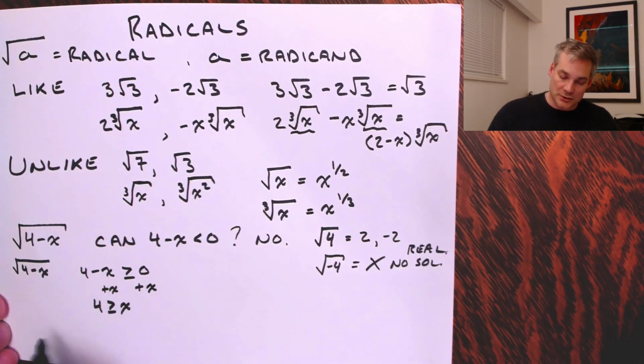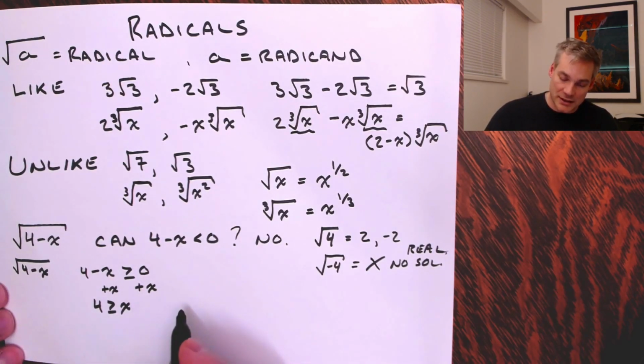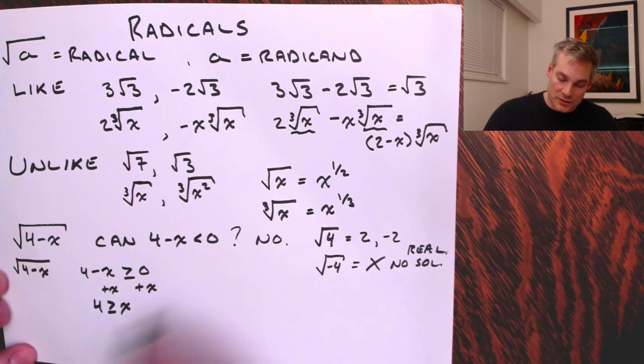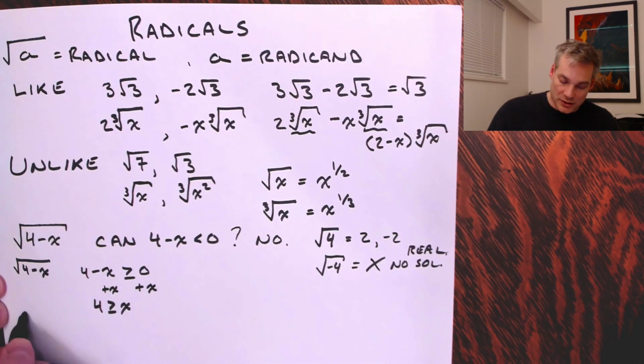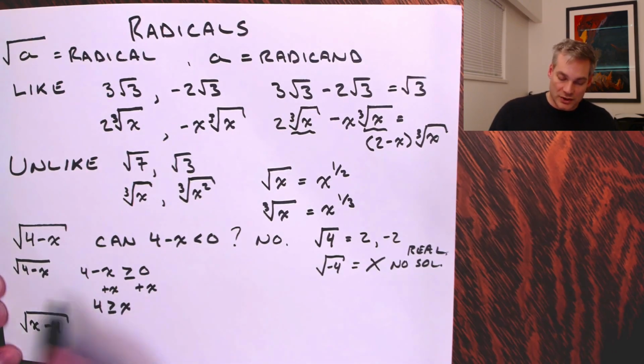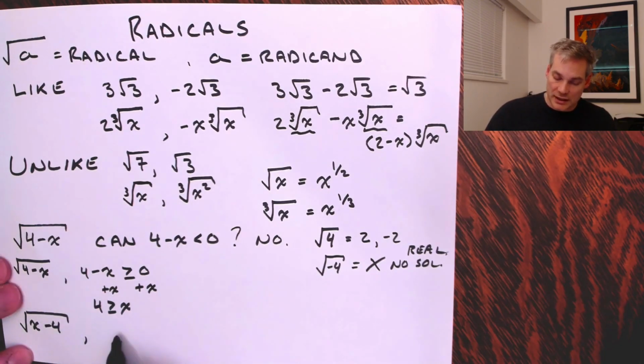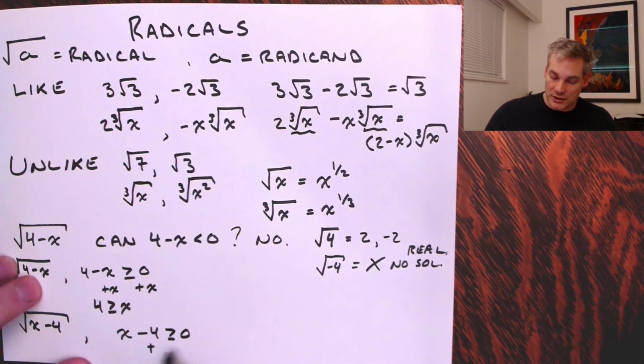Now, there's another case. What if we had something like x minus 4? Now, it looks the same as this, but it actually has a different outcome. Now x minus 4 has to be bigger than or equal to 0, which we add 4 to both sides, and what we get is x must be bigger than or equal to 4.